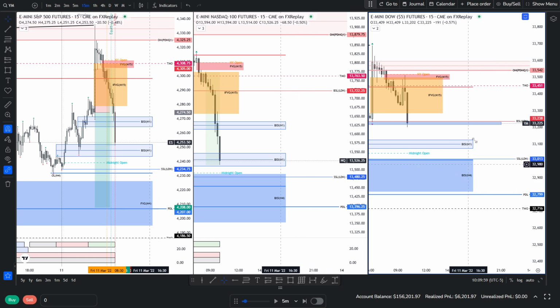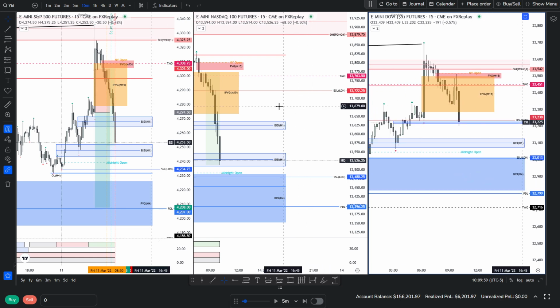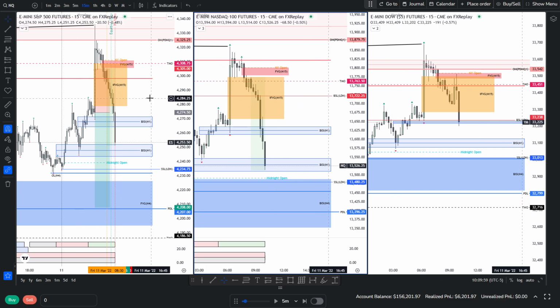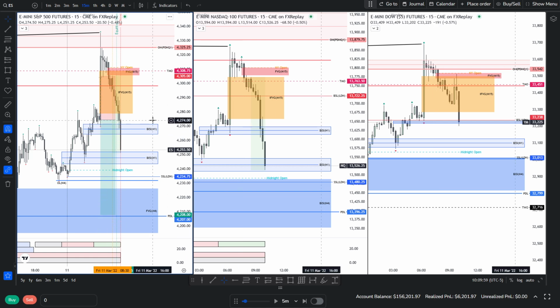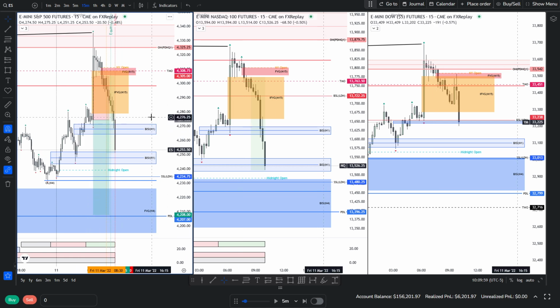There we go. If we get rid of some of that, it does set the stage, still within our primary model, seeing lower prices.